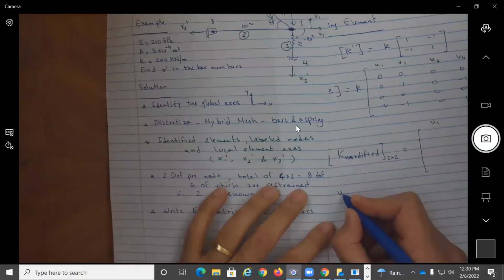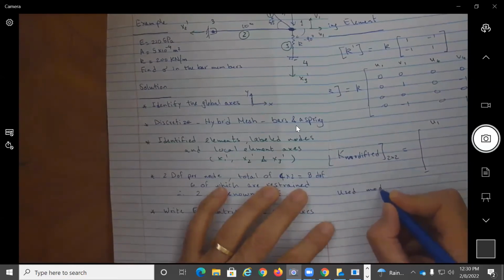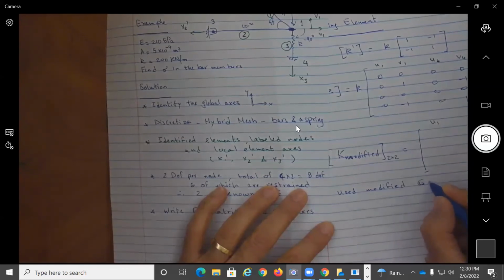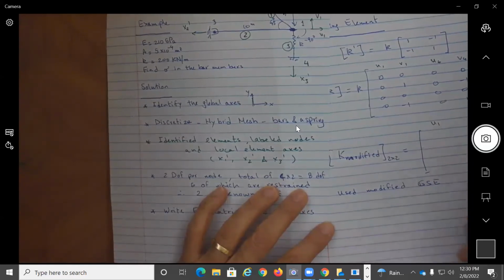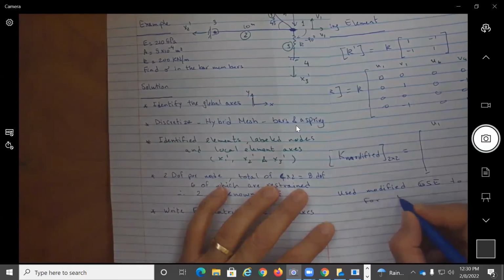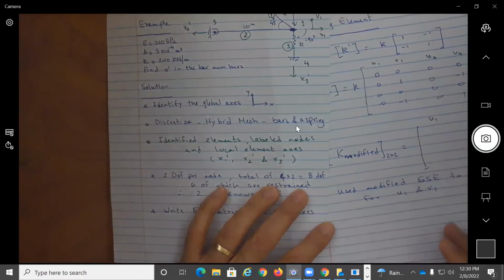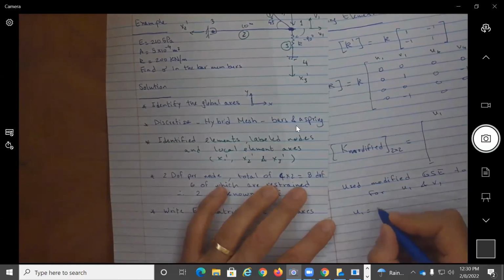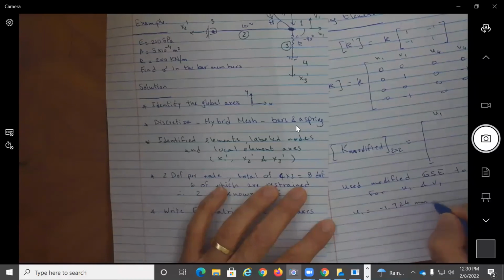You use the modified global stiffness equations to solve for U1 and V1, and you will find that U1 is equal to minus 1.724 millimeters, and V1 is equal to minus 3.448 millimeters.